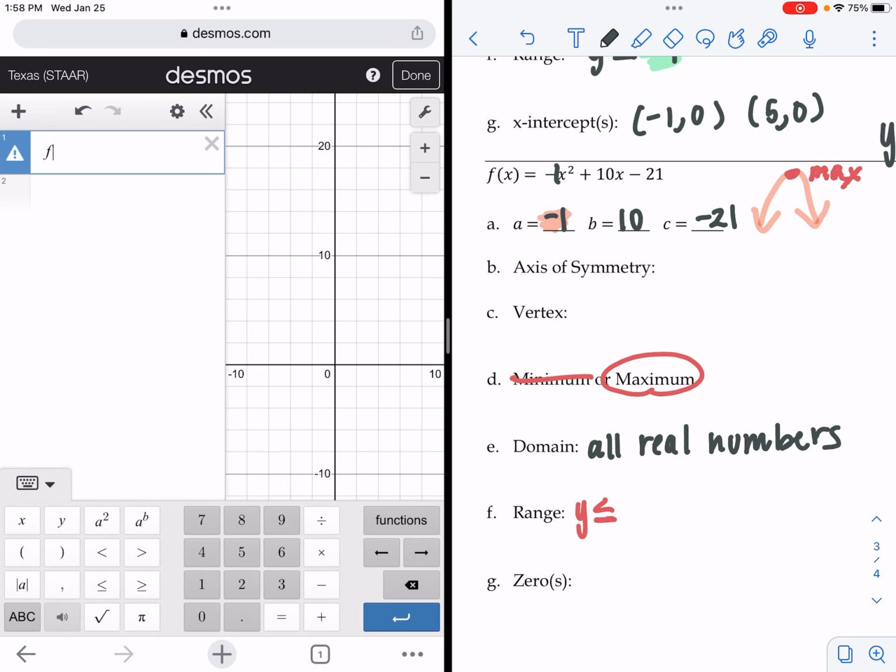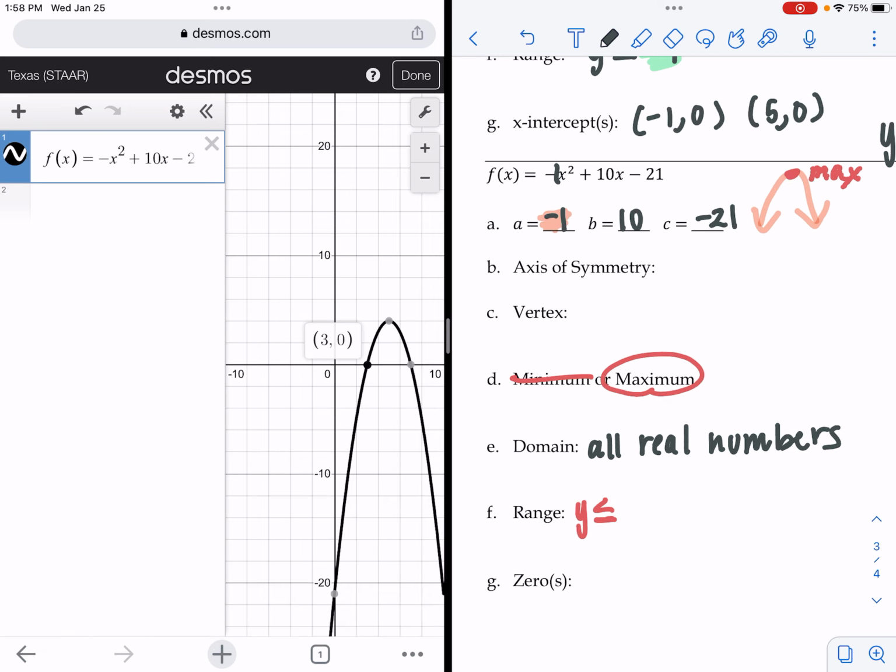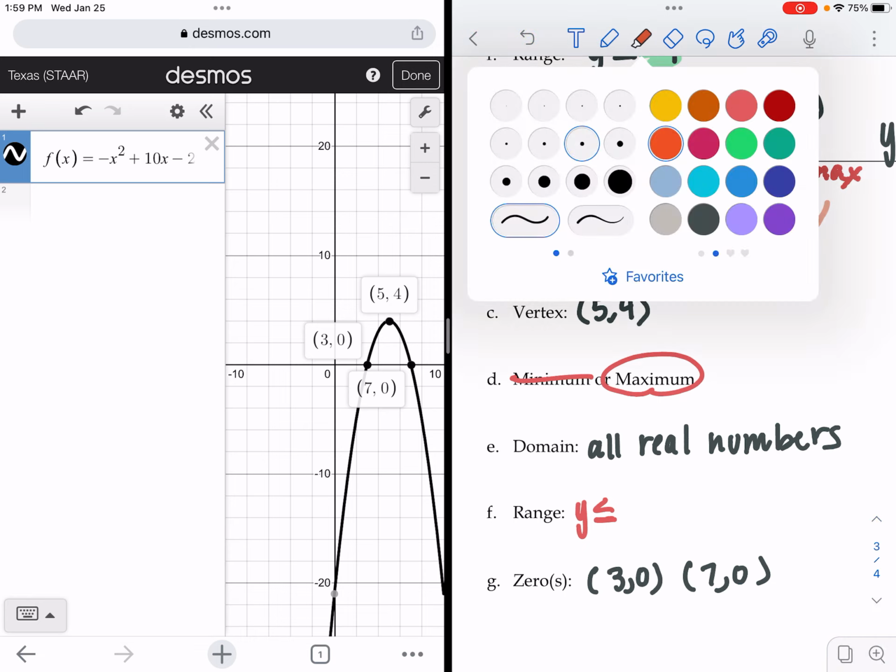So f of x equals negative x squared plus 10x minus 21. We got x-intercepts at 3, 0, and 7, 0. And then we have a vertex at 5, 4, which means our axis of symmetry is x equals 5.